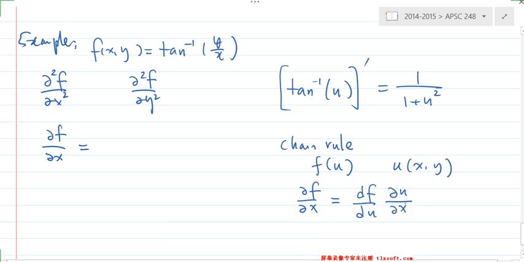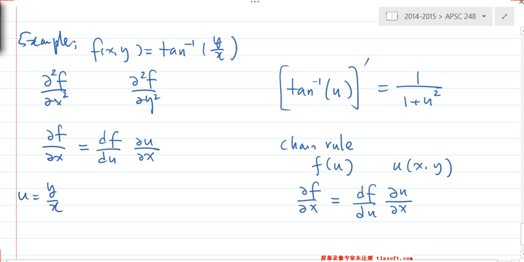Alright, so now let's use this rule for this question here. What is my u here? So u equals what? y over x. Then partial f over partial x, according to this rule, is df over du times partial u over partial x.